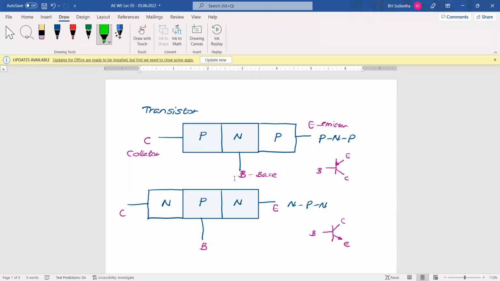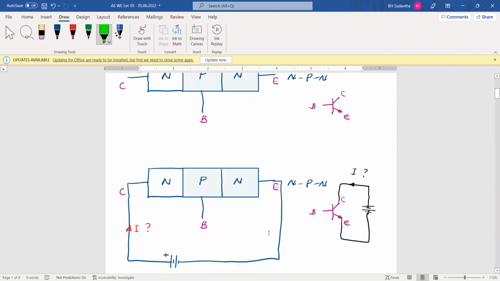Then it will be similarly applicable to PNP transistors also. For simplicity, since you are doing this for the first time, if you mix PNP and NPN together, it will be a little bit harder to understand. Because of that, we discuss only NPN transistors, but it's the same for PNP transistors also.